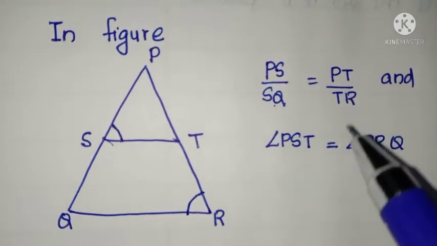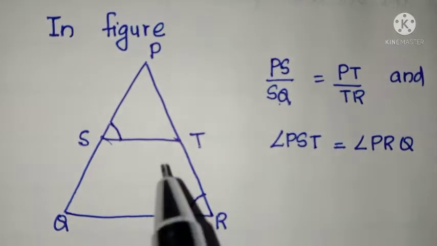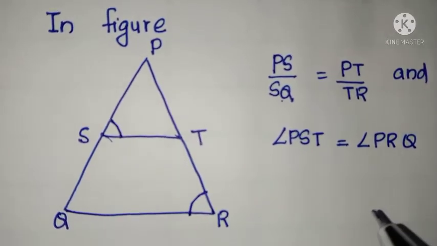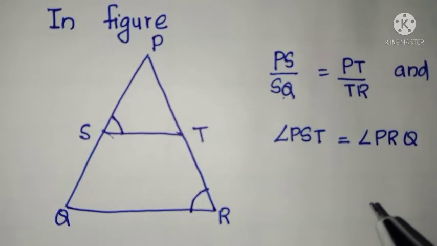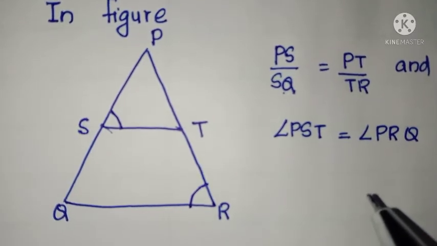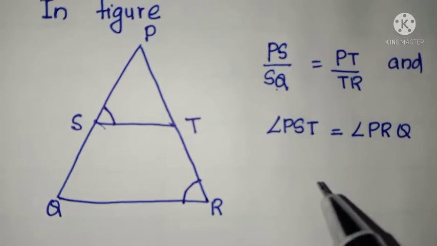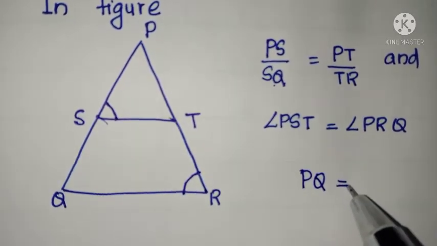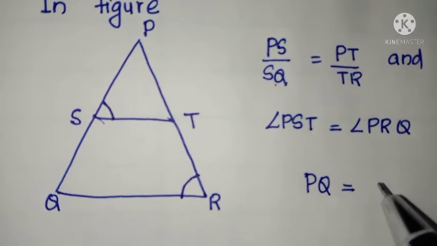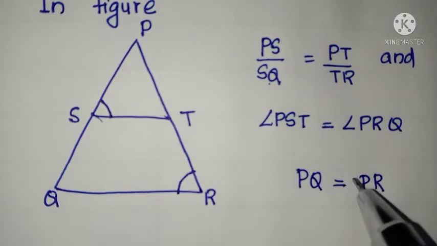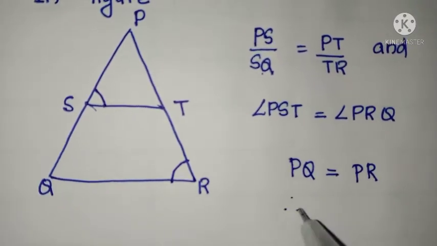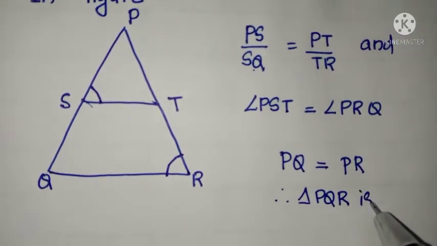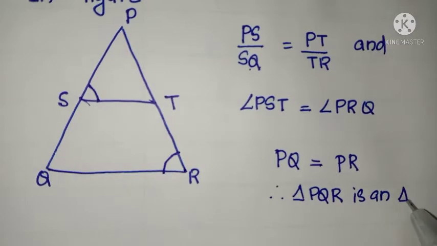So these two conditions are given. We need to prove this triangle PQR is an isosceles triangle. What is an isosceles triangle? Yes, two sides are equal. That is, we need to prove the sides PQ and PR are equal.